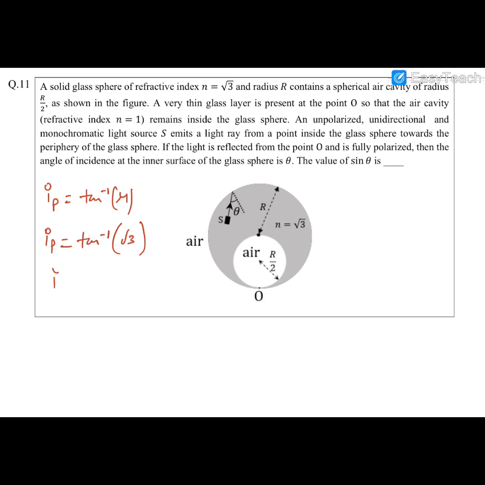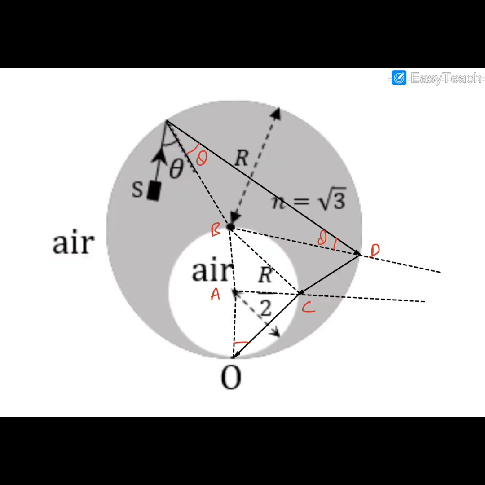So polarizing angle IP will be 60 degree. This is 60 degree, and this angle will be 60. Now this is radius r by 2, this is r by 2. So this angle will again be 60 degree.